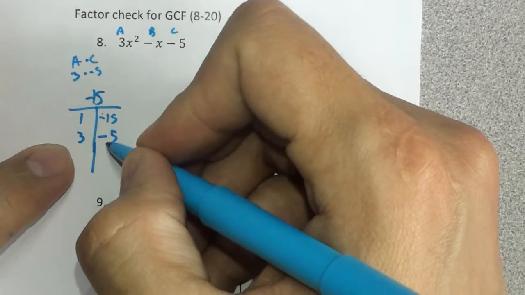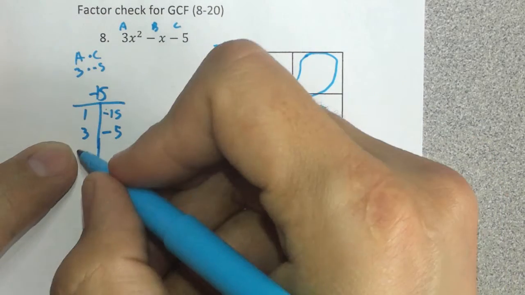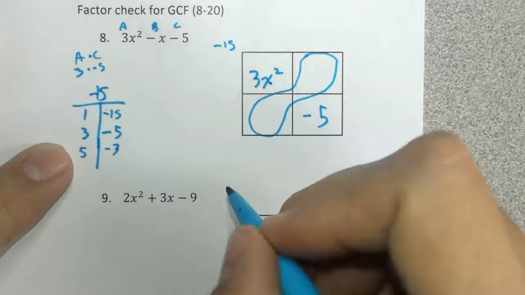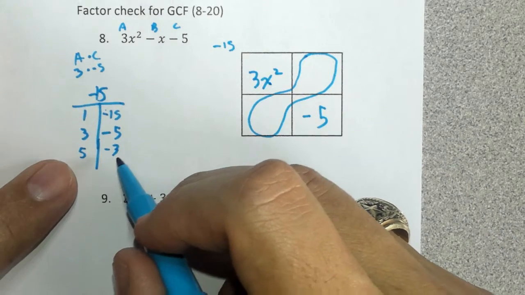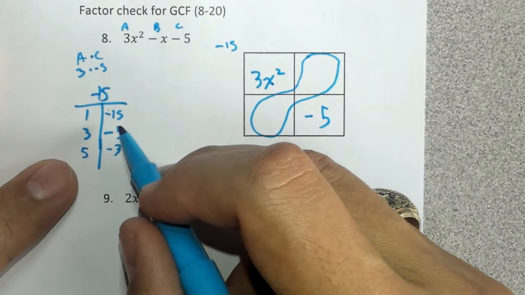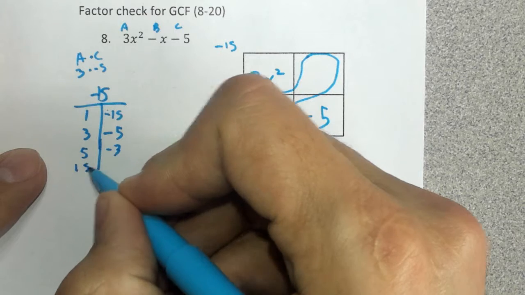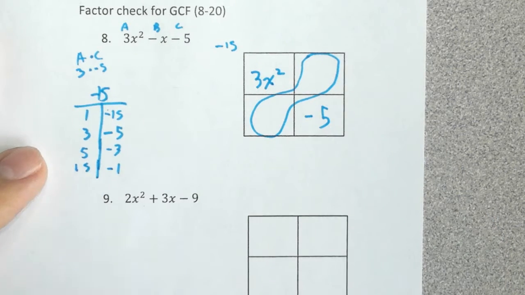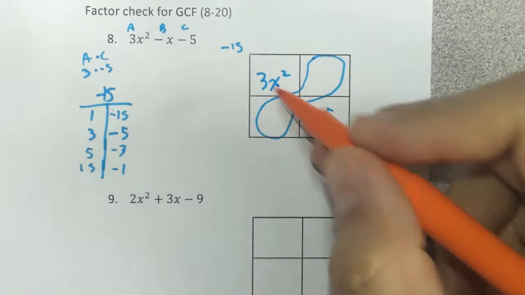We've used -5, so we're going to go ahead and go with 5. 5 times -3. 6, 7, 8. Since we've repeated, we know we're not going to hit anything until 15. So 15 and -1. All of those are factors of -15. That's A times C right here.